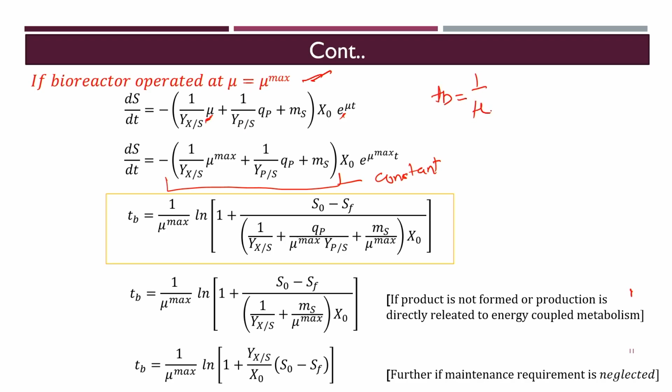1 upon mu max ln of the bracket 1 plus S naught minus SF divided by the RS term, which you can quickly write as 1 upon Yx/s plus Qp upon mu max Yp/s plus ms divided by mu max, this whole multiplied with x naught.